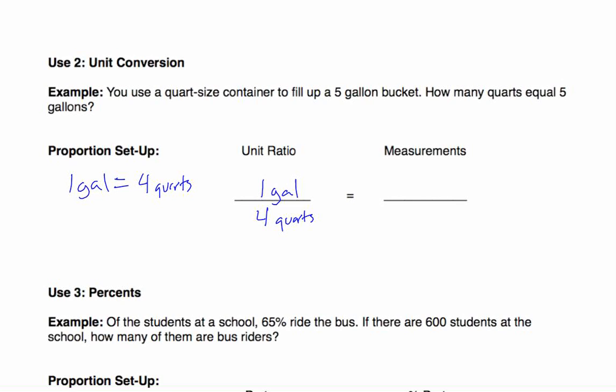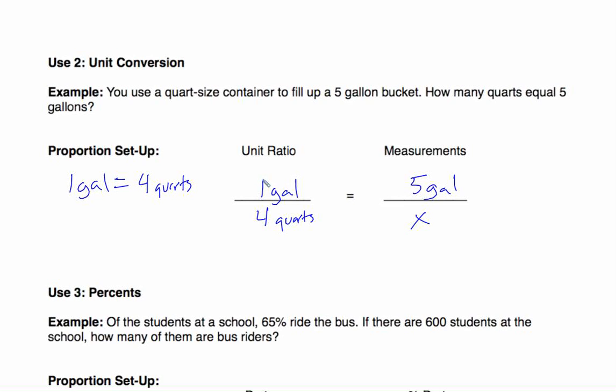Now I need to find out what are the measurements I'm given from the problem. So my measurements from the problem are a 5-gallon bucket and how many quarts. So 5 gallons. Now I'm going to have to match that up with the gallons. So I'm going to put 5 gallons for my measurement. And then how many quarts? I don't know. That's where I put my X.